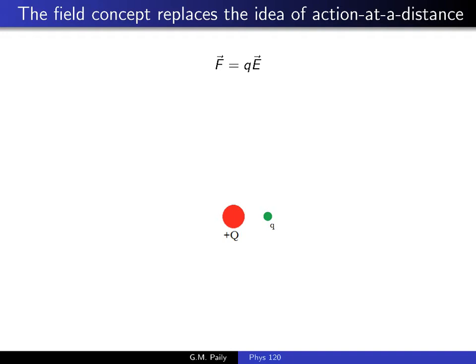When that pulse reaches the red charge, then the red charge discovers that the distance has changed and feels a different force. So information, such as the change in distance, cannot propagate faster than that disturbance in the field.